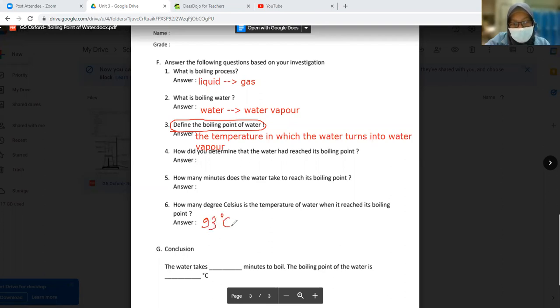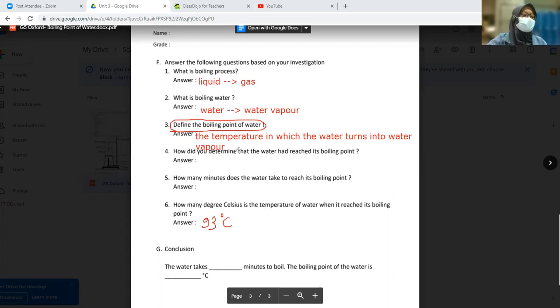Miss, why is it not 100 degrees Celsius? There are some requirements that we have to fulfill to make the boiling point 100 degrees Celsius. For example, the air pressure has to be 1 atmosphere, or 76 centimeters of mercury.